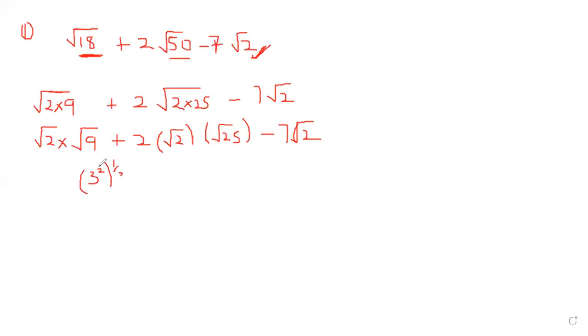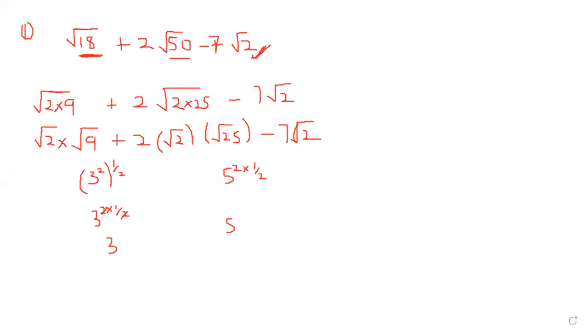So 3 raised to the power 2 times half, from the indices we just learned, will be equal to what? 3, because 2 times half will be 1. The same way 25 is also 5 raised to the power 2, so the square root will be times half, meaning that we'll get 5 from there.